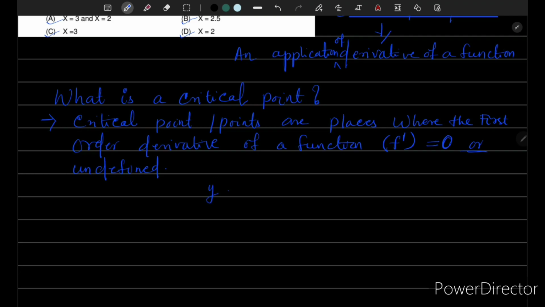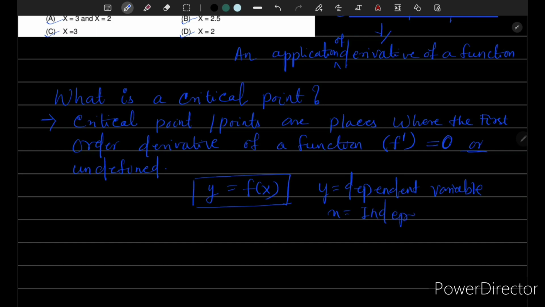Or if you want to simplify the question, we have to take a function like y equals f of x. So this is the function where y is the dependent variable and x is the independent variable.